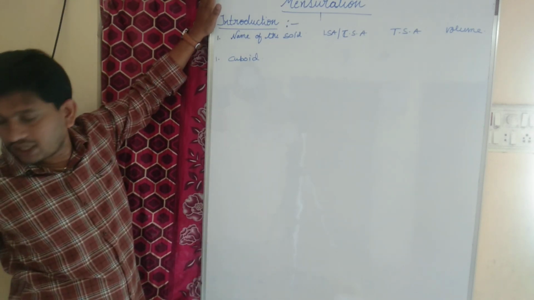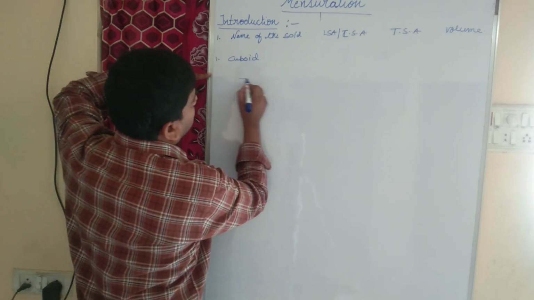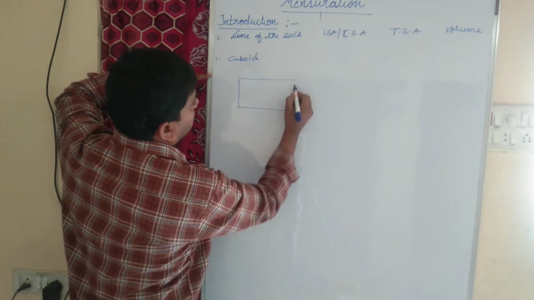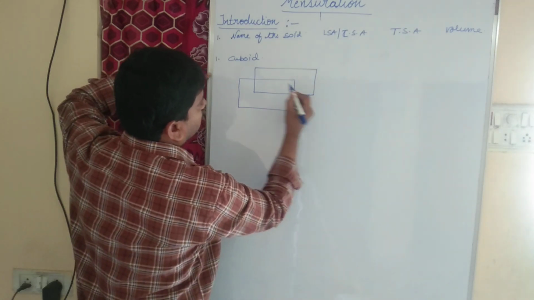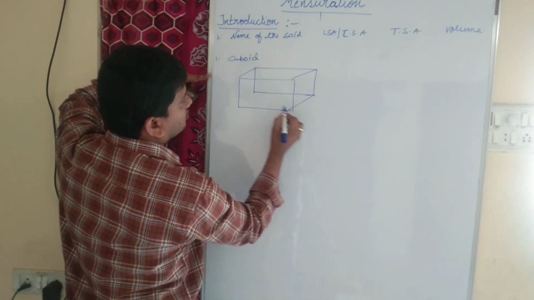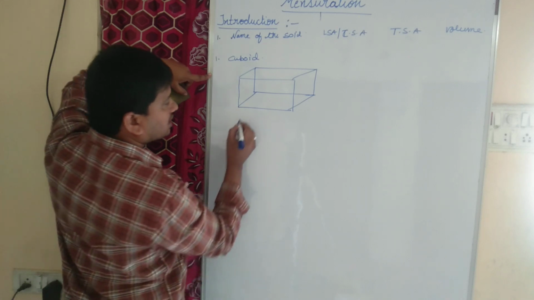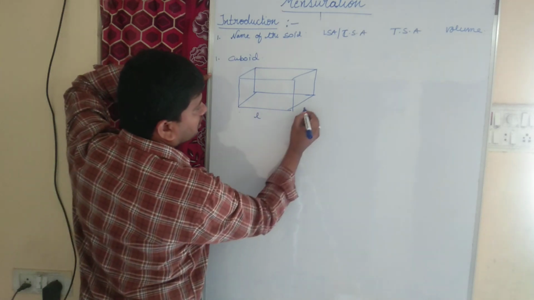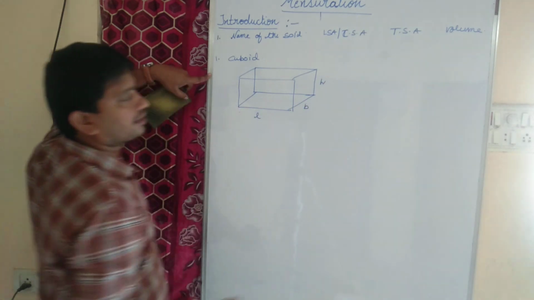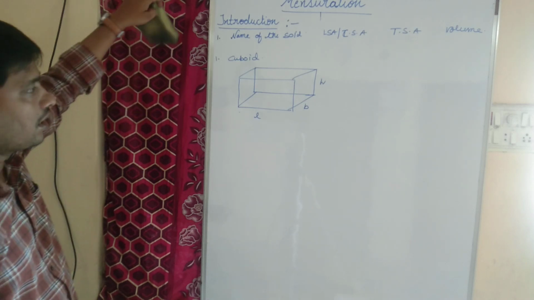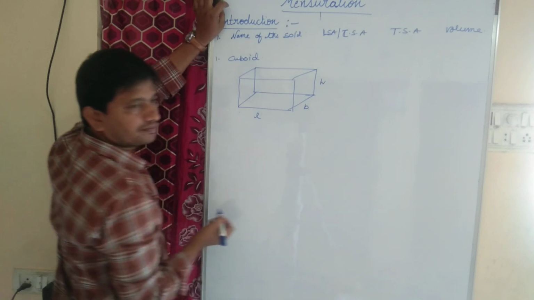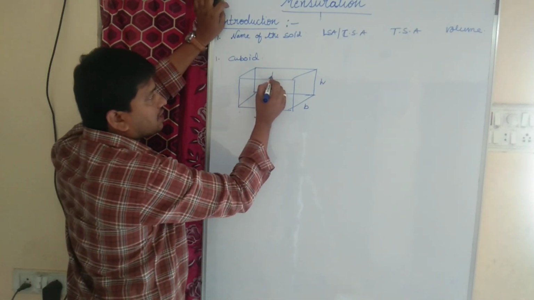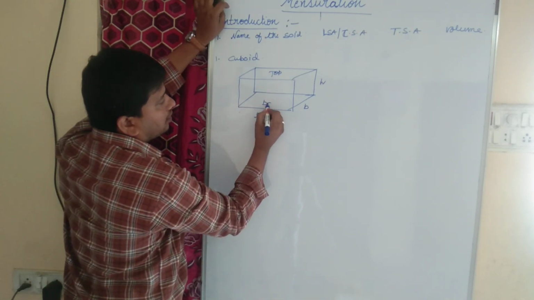What is the shape of the cuboid? This is our cuboid. It has three dimensions: length, breadth and height. As I told you, CSA or LSA, lateral surface area, is except top face and bottom face.